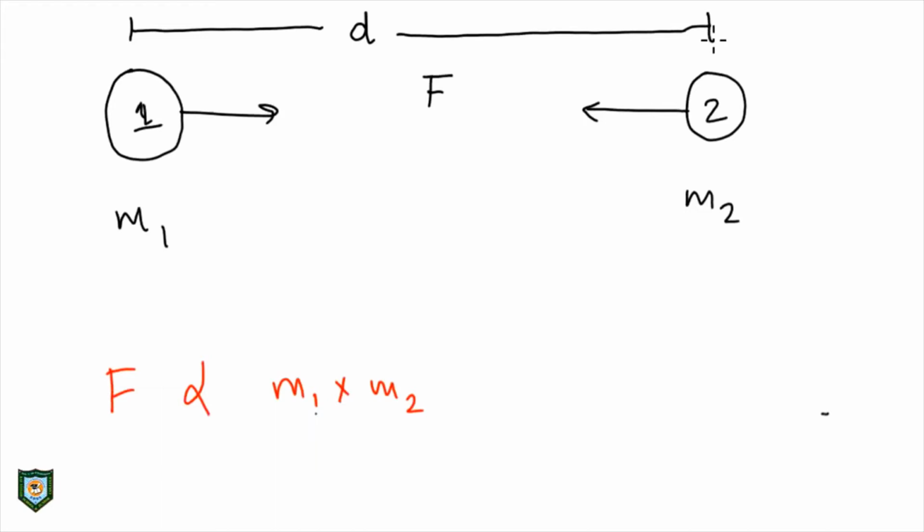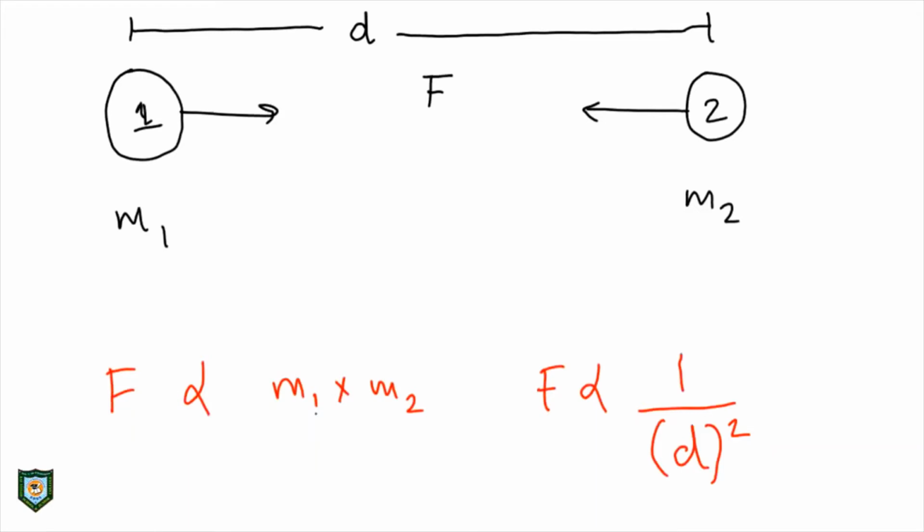What matters is that this represents the mean distance between the two balls. The statement says F is directly proportional to the inverse, meaning 1 upon d, and the square of this value. So these are the two important statements that Newton's law of gravitation states.